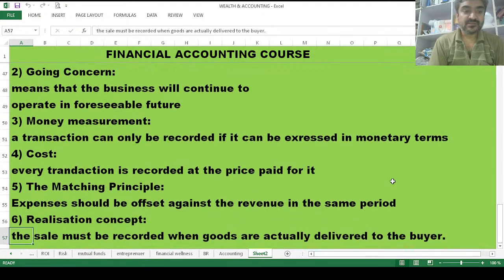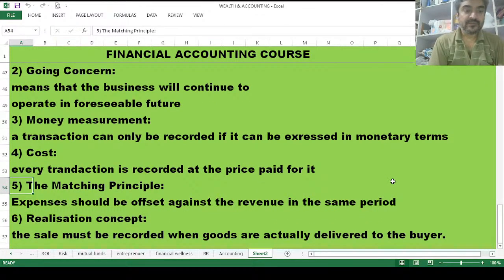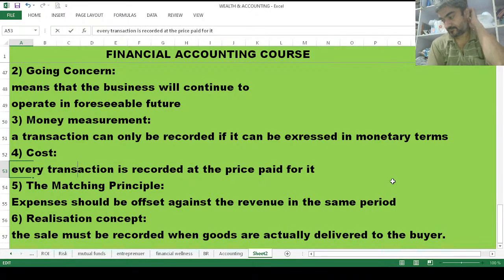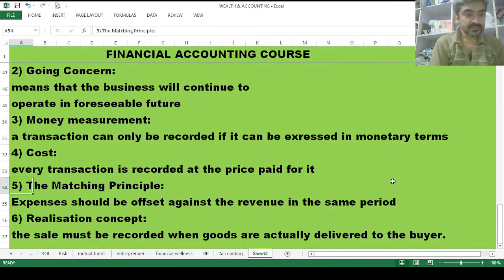Then we discussed the cost model. Every transaction is recorded at the price paid for it. Then we discussed the matching principle, which describes that expenses should be offset against the revenue in the same period.